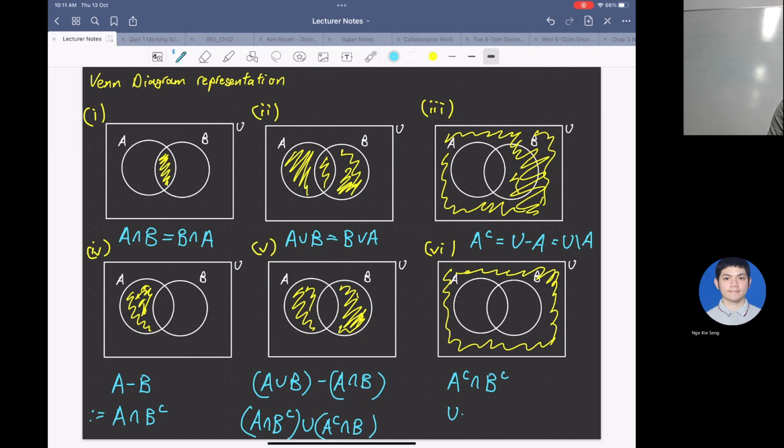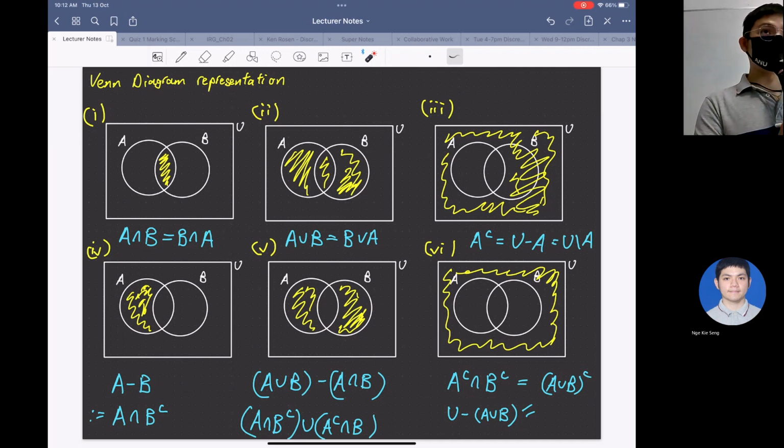U minus A union B. Actually this one is the complement of A union B. So this should remind you of De Morgan's law: pair the complement, and then you turn the union to intersection. Okay. Any other interesting one?